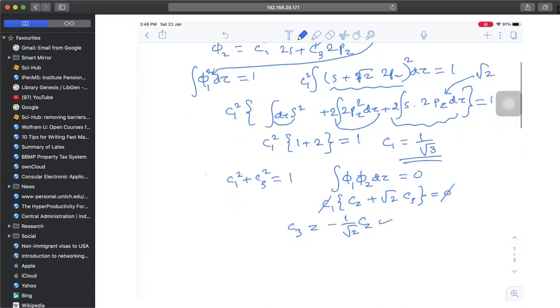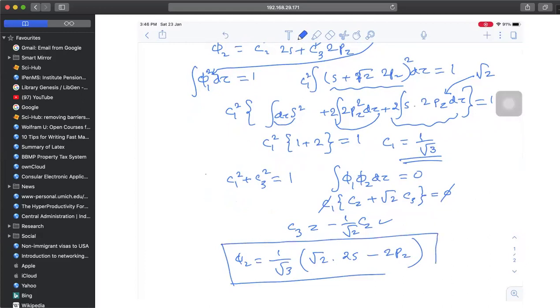And eventually phi2 will be equal to 1 by root 3 times (root 2 times 2s minus 2pz). This is the final answer. If you want me to work it out, I shall, but it is fairly simple. I have given you all the steps. So these are the two orbitals.